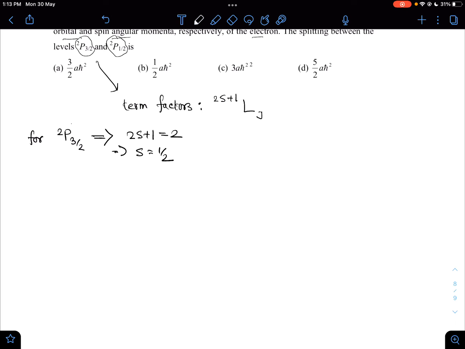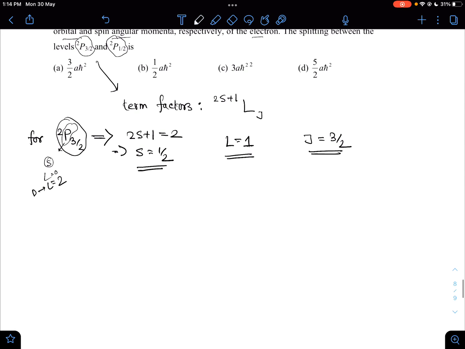If this is represented by P, then the L value is 1. If here we have S, then we have L value 0, and S, P, D, F in the similar manner you can calculate the L value. For D state we have L value 2, and J value is here 3 by 2. So for 2p3/2 we have S value half, L value 1, and J value 3 by 2.